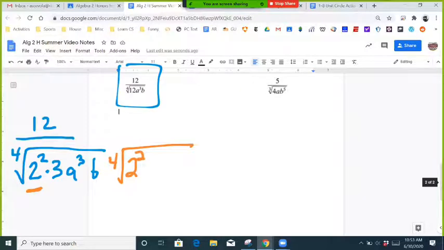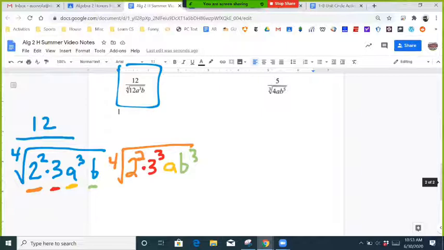And this 3 is just a single factor of 3, so you would need 3 more 3's, so 3 cubed, to get to 3 to the 4th. And then a cubed, you need 1 more a for that to be a to the 4th. And then b, that's 1 b, so you need 3 more b's, b cubed, for that to become b to the 4th.